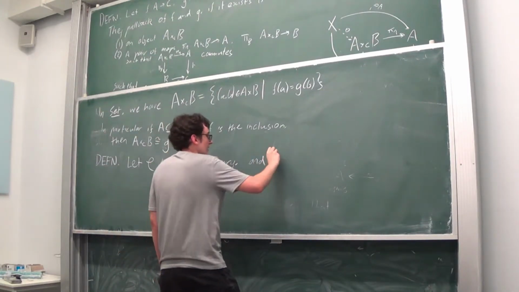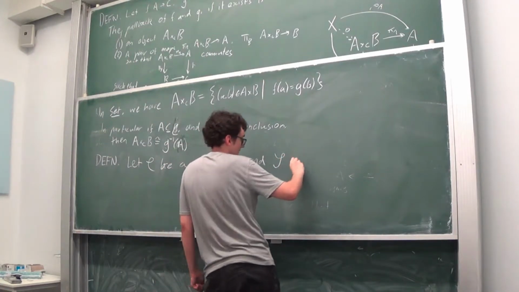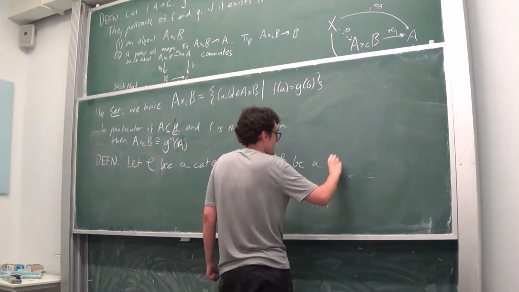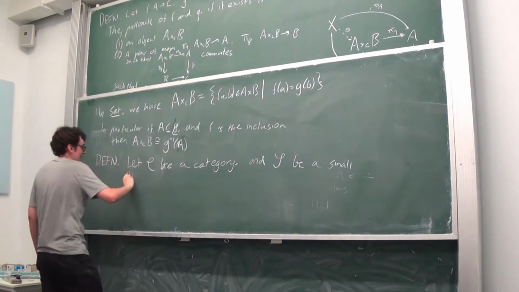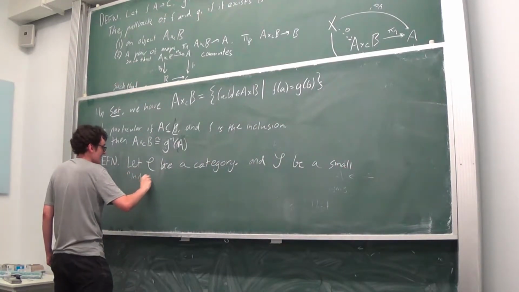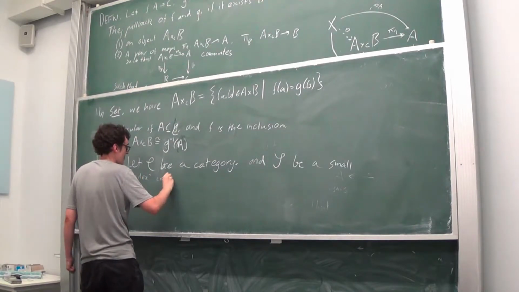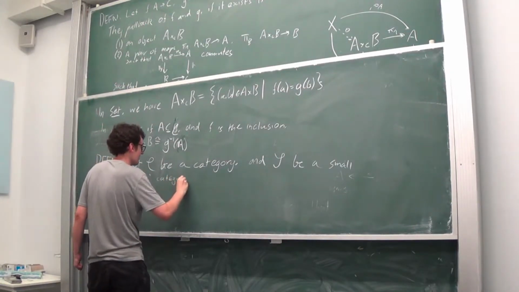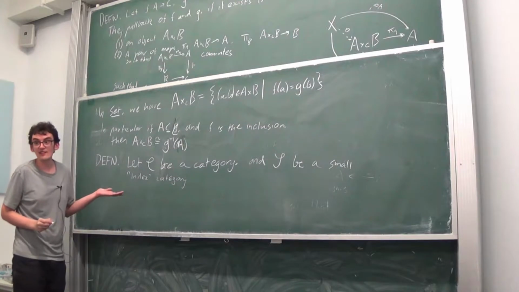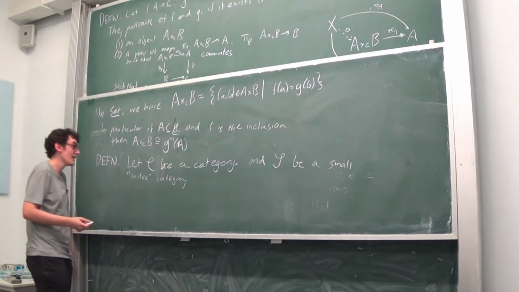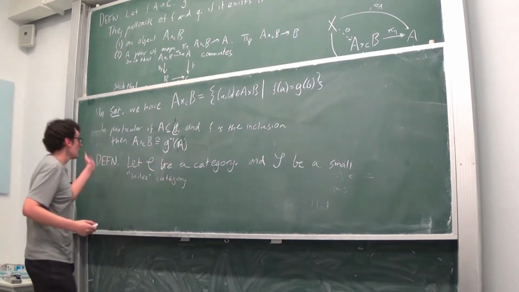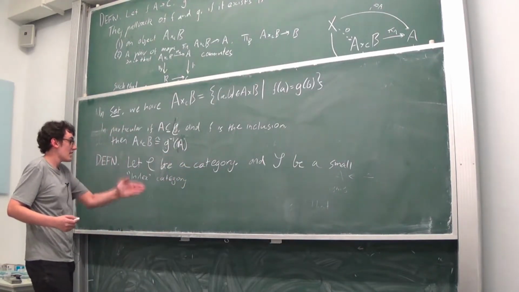And let J be a small index category. The word index here doesn't really mean anything. It's similar to how some sets are called index sets. It's just a way of keeping track of data. So let J be a small category.